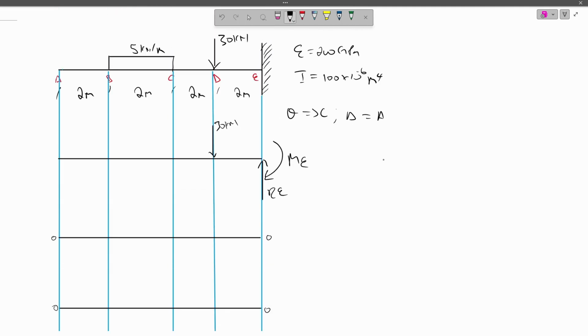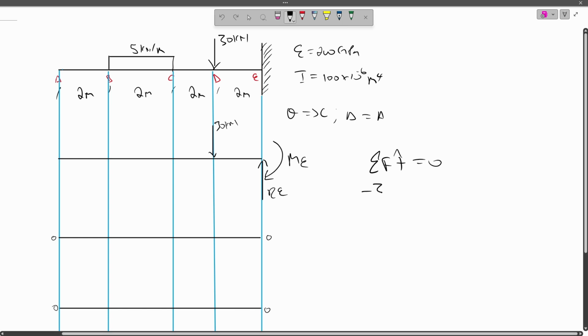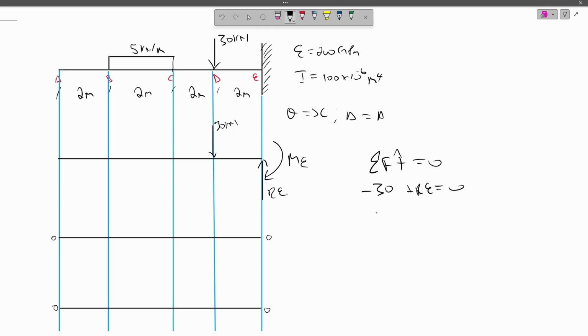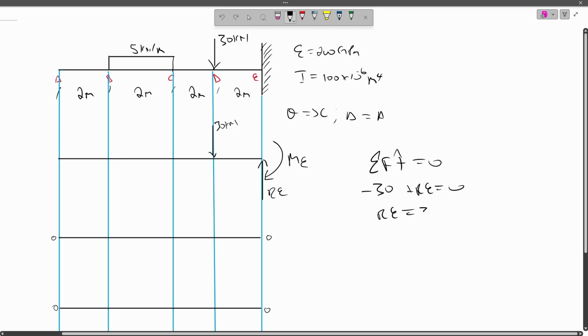To find our RA, we'll use the sum of forces, up as positive, equals 0. Then we'll have minus 30 plus RA equals 0. Our RA is 30 kilonewton.